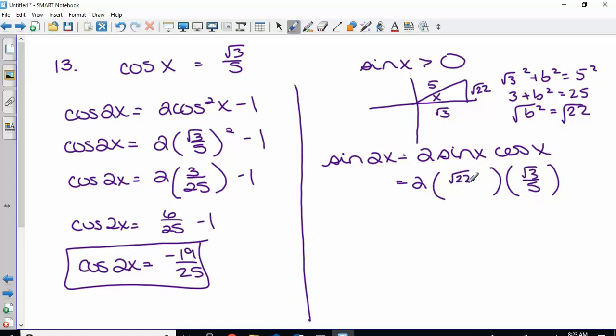So sine, opposite over hypotenuse, is radical 22 over 5. When you multiply, you can only multiply things outside the radical together or things under a radical together. So we have this 2. Radical 22 times radical 3 would just be radical 66. 5 times 5 is 25. So that's my sine 2x.